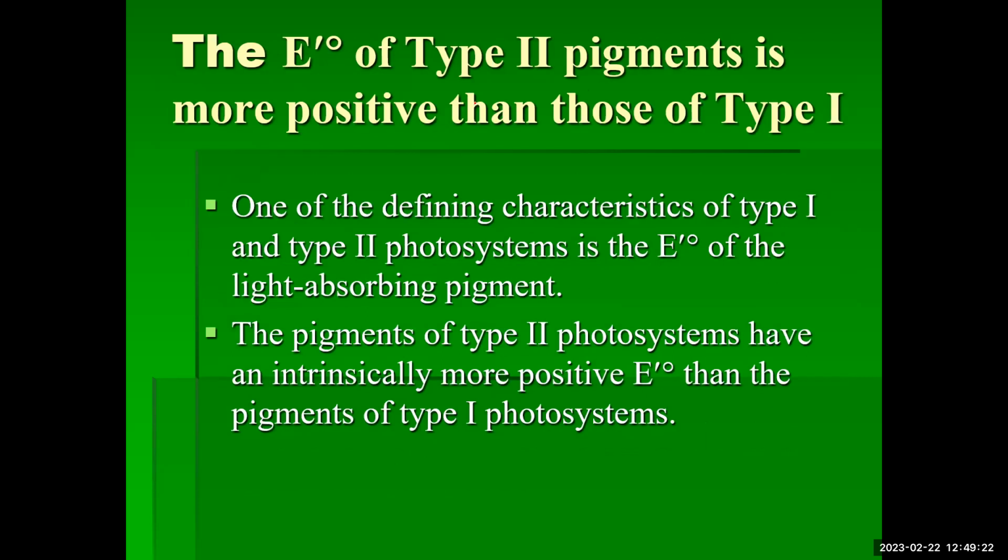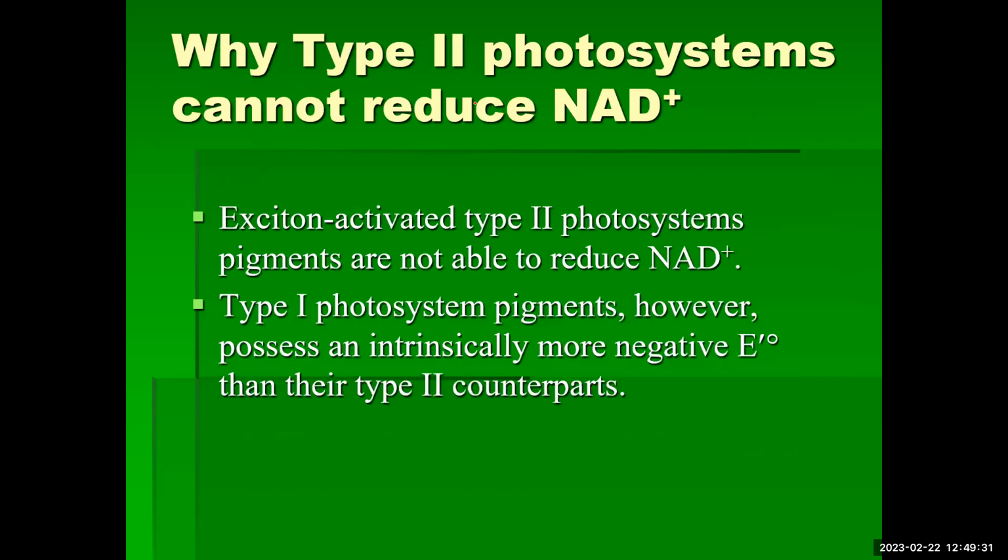And because the delta E of the type 2 reaction center pigments is more positive than those of type 1, it can be used to make reductant. You can reduce NAD to NADH. You can reduce NADP to NADPH.